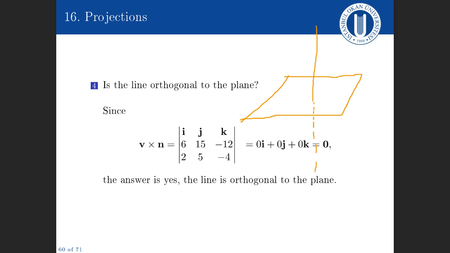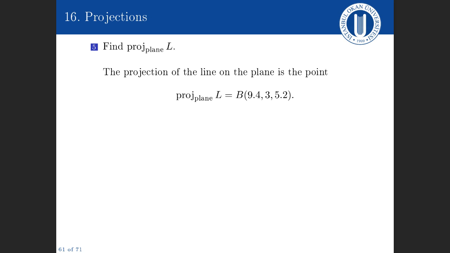The picture looks like this, where this angle is 90 degrees, and we've already calculated the point where the line intersects the plane. So now we know the answer to this question. The projection of the line onto the plane is the point where the line intersects the plane. So this must just be the point (9.4, 3, 5.2).